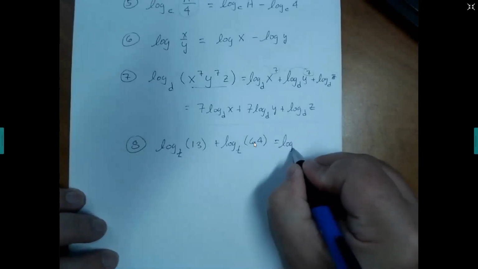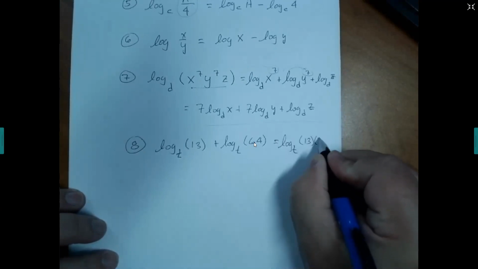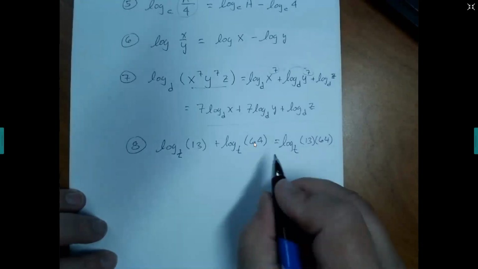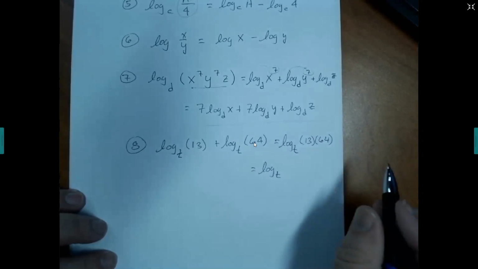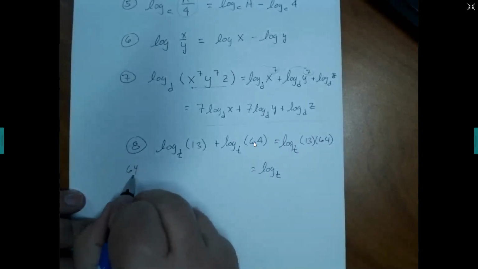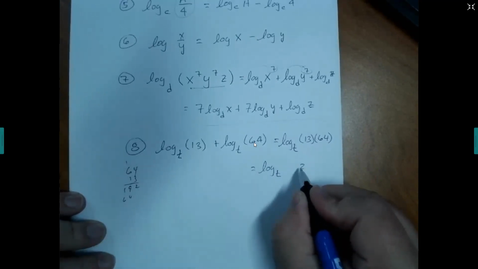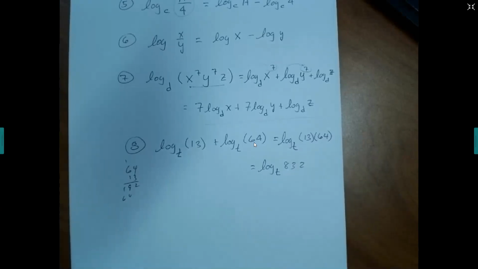Since log base t of 13 times 64. 64 times 13, 12, 19. So it's 2, 3. So it's log base t of 832.